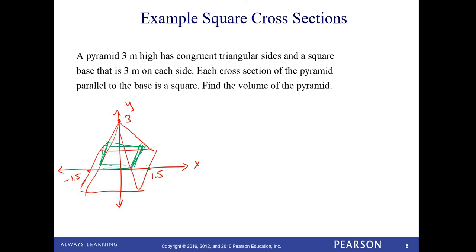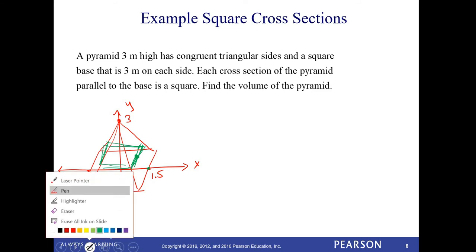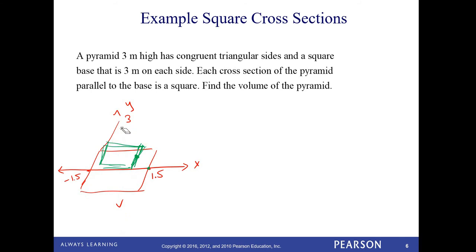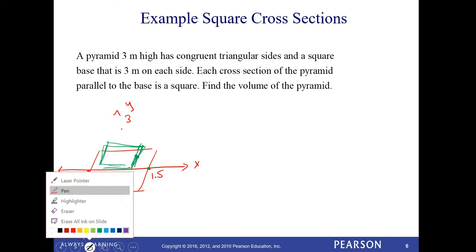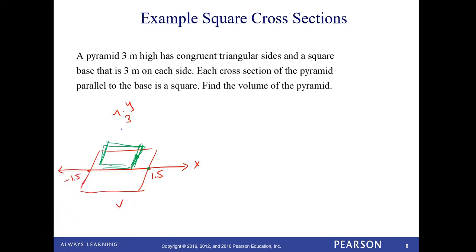So I need to be able to find the point on each square on the middle of the side. So if I draw a line from here, oh dear, well, where'd all my work go? Let's draw my pyramid again, I'm sorry. Oops, hold on. So there's my pyramid.